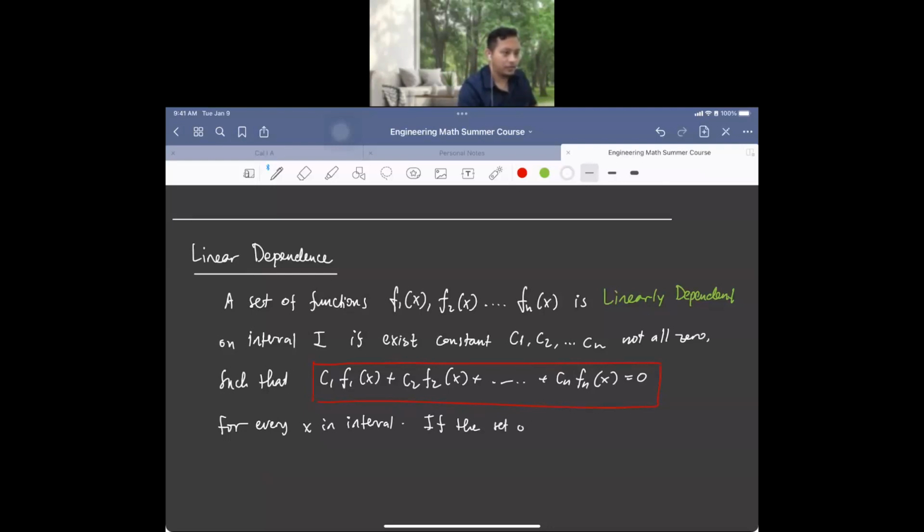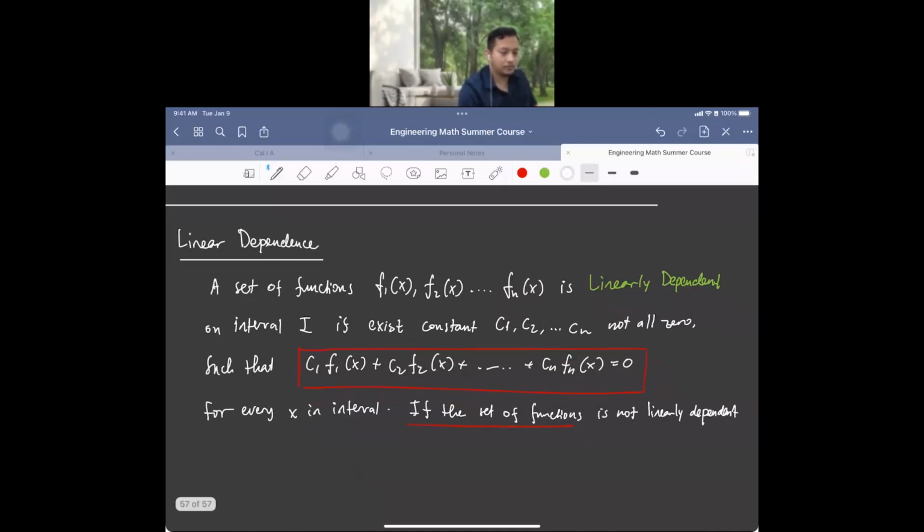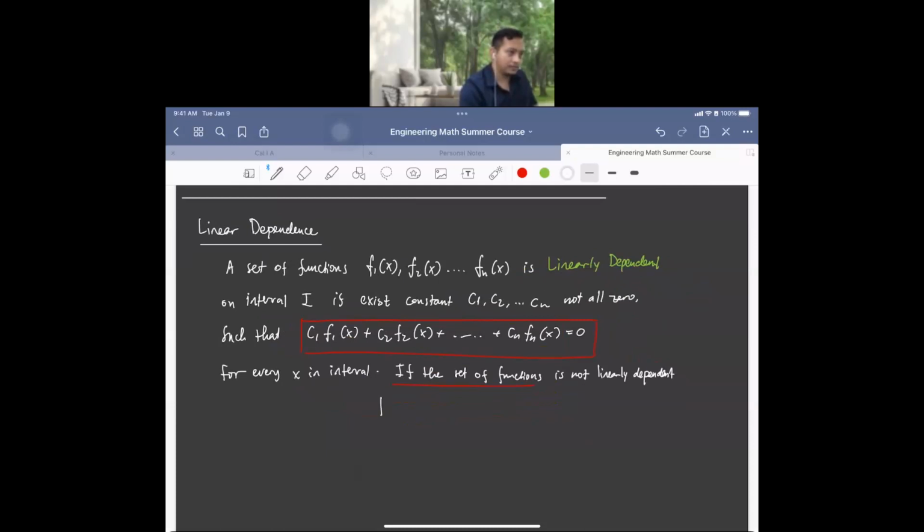If the set of functions is not linearly dependent, then we call it linearly independent.